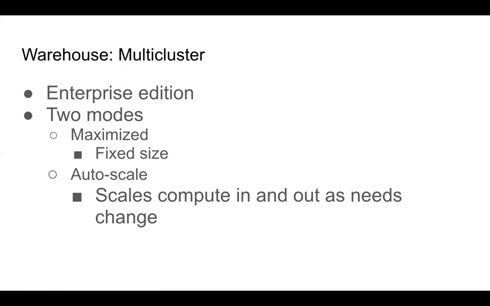Well, that is scaling up. But if we have 2 warehouses and we go to 3, that's scaling out. We can automatically add more clusters. We can't automatically change the size. We can manually change the size, and we'll see that in our demo.